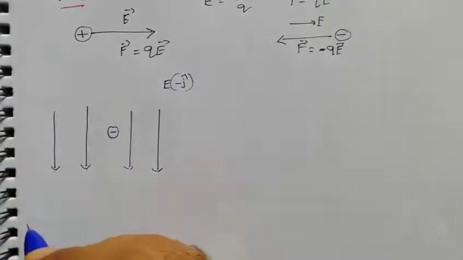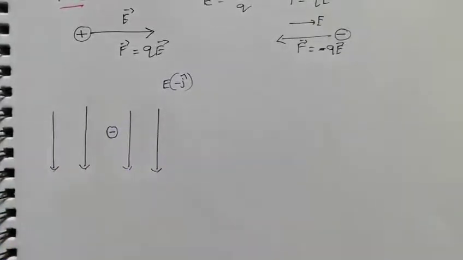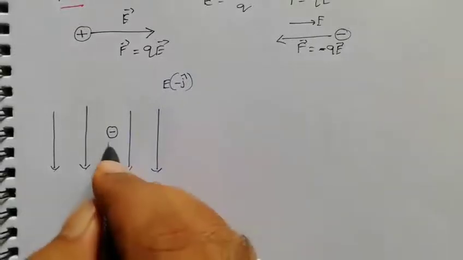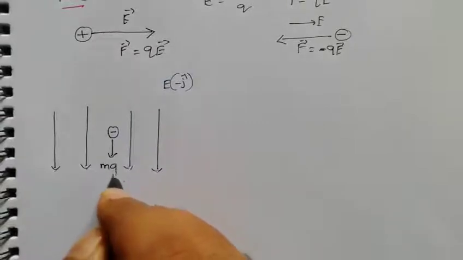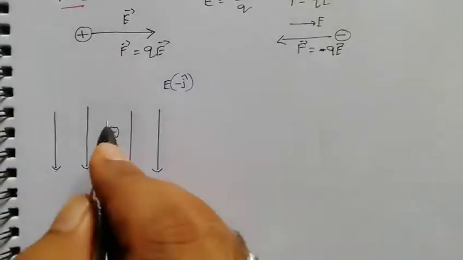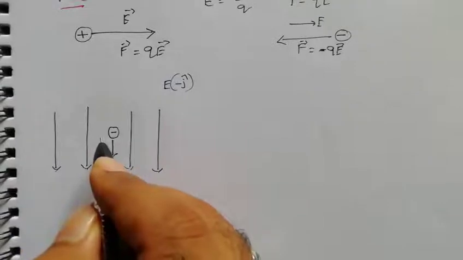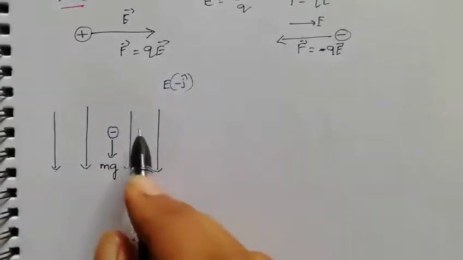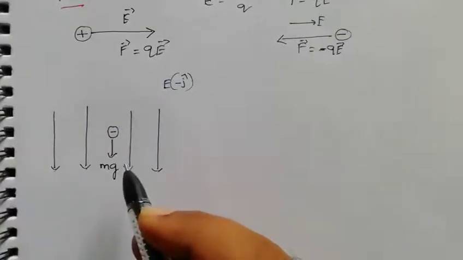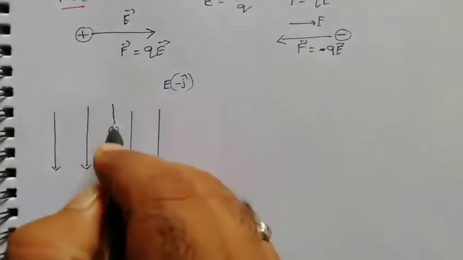Now let us see what will happen in this case. Since the particle has some mass, there would be a downward gravitational pull, that is m into g. Since it is a negative particle and the electric field is downward, the direction of force must be upward.